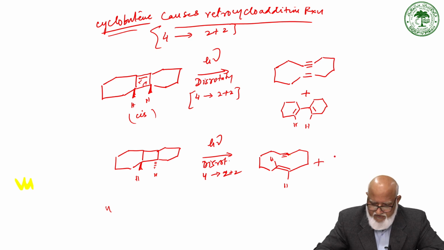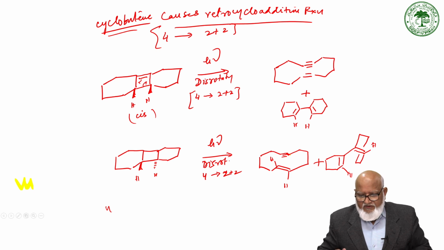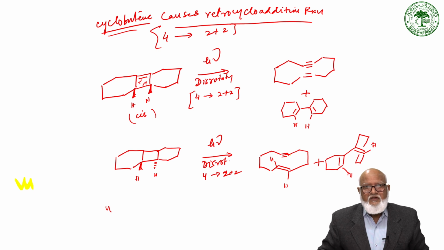As we can see, two products are obtained. So these are two examples of retrocycloadditions of cyclobutene.